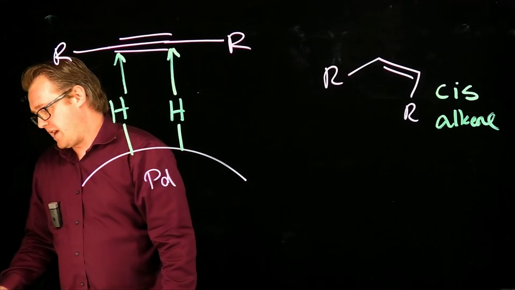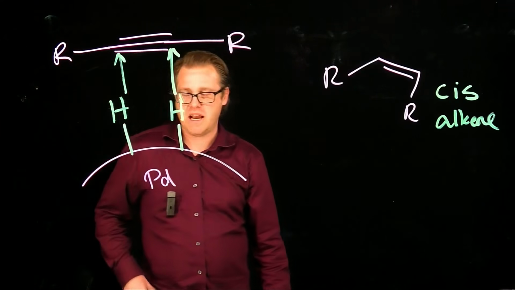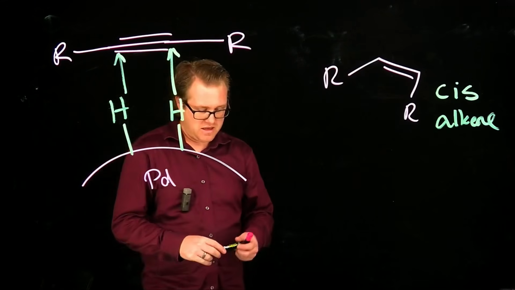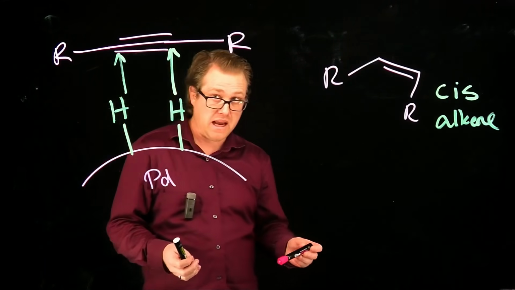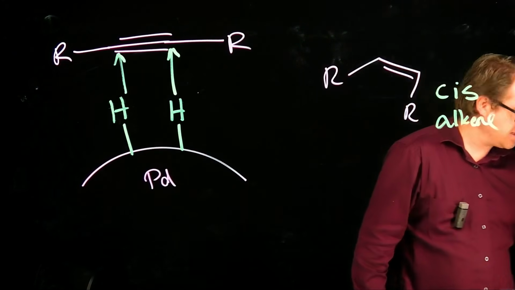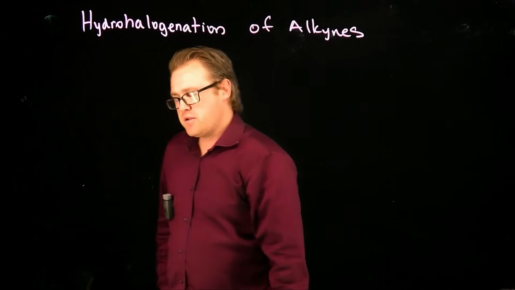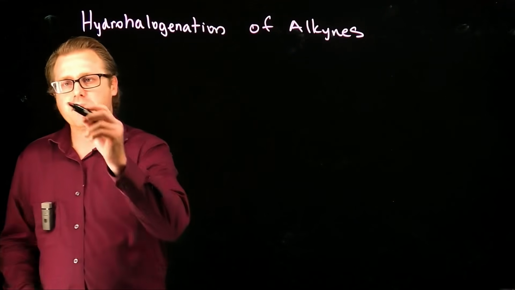So our next reaction that we want to look at is hydrohalogenation of alkynes. And we've seen this type of reaction with an alkene before. So I'm going to pause this and clear this board. The next reaction we want to look at is hydrohalogenation of alkynes.